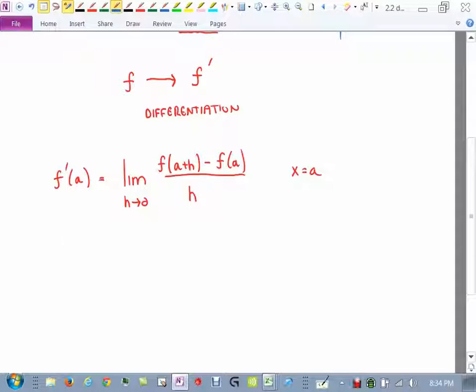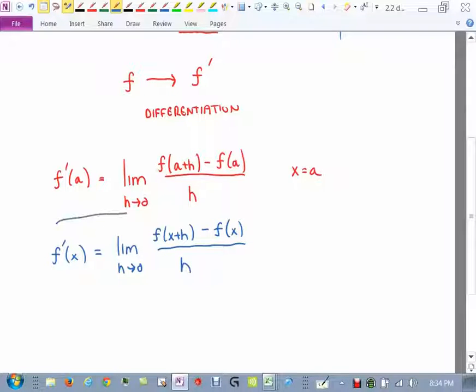So we have the derivative of the function f at x is equal to the limit as h approaches 0 of f of x plus h minus f of x, all over h. And this is something you should probably put into your memory bank as the definition of the derivative. This is the derivative of f, that limit.